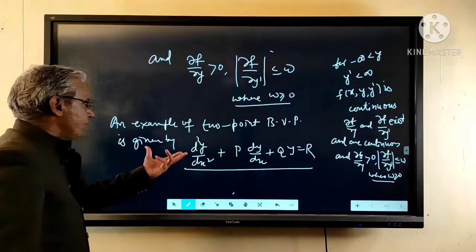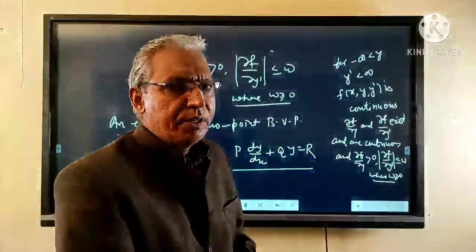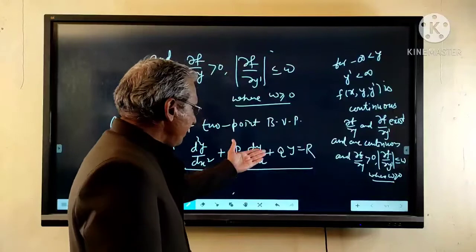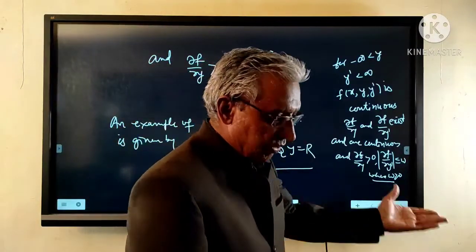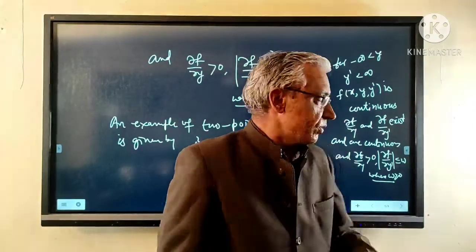This is the most popular form of the 2-point boundary value problem. Here p, q, r are functions of x and they may be constants.